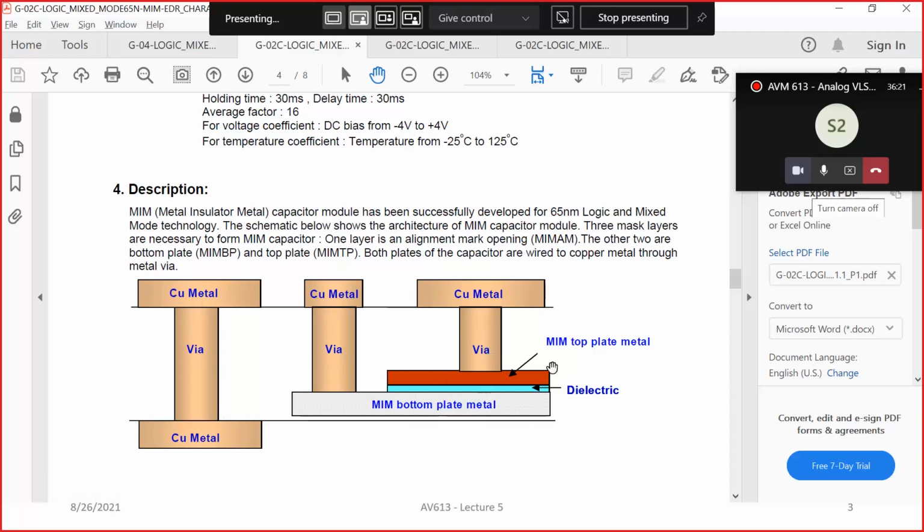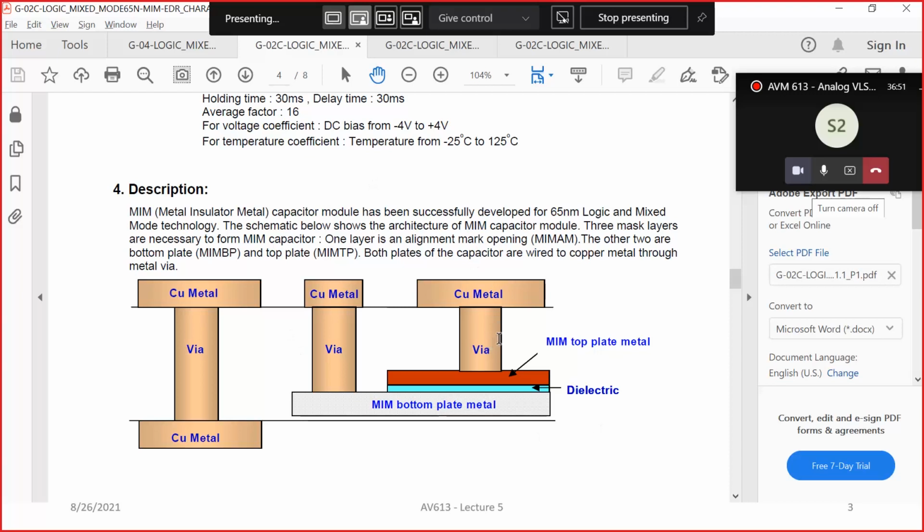Where you have a MIM top metal, you have a special high K dielectric material, and then you have a MIM bottom metal. So you have a top plate, a bottom plate, and a dielectric. It's a very straightforward, two plate capacitor. And the connections are made as shown here. The top plate is connected through a via to the metal 7 layer actually here, and the bottom plate is also connected through a via to the metal 7 layer. This is what is called a MIM cap.